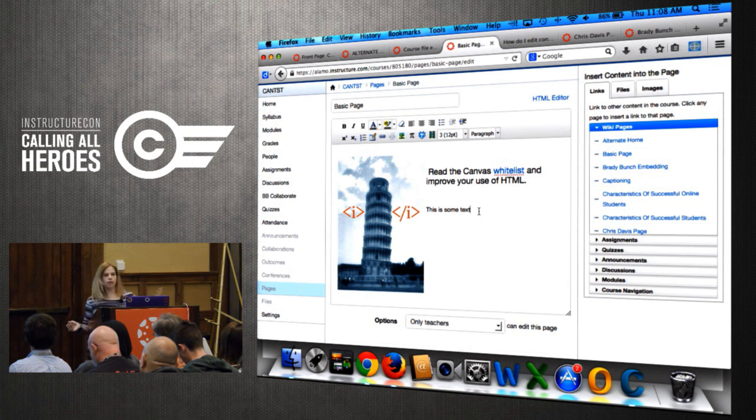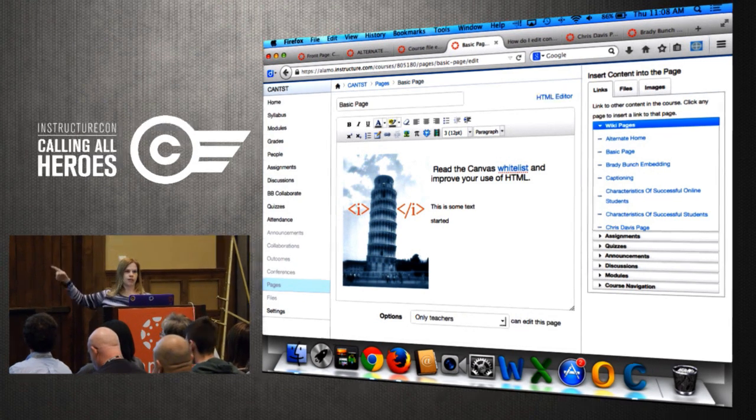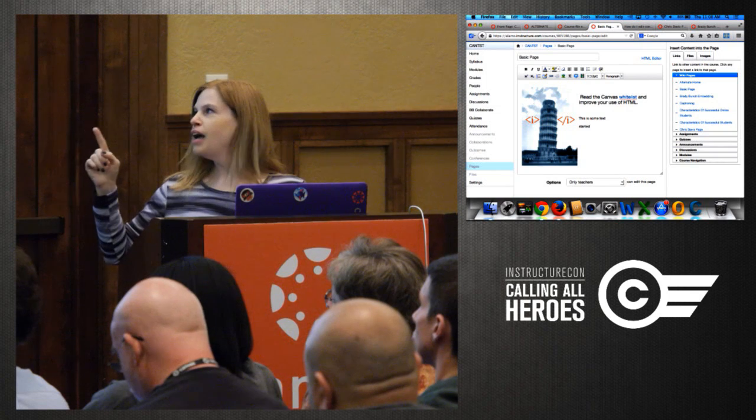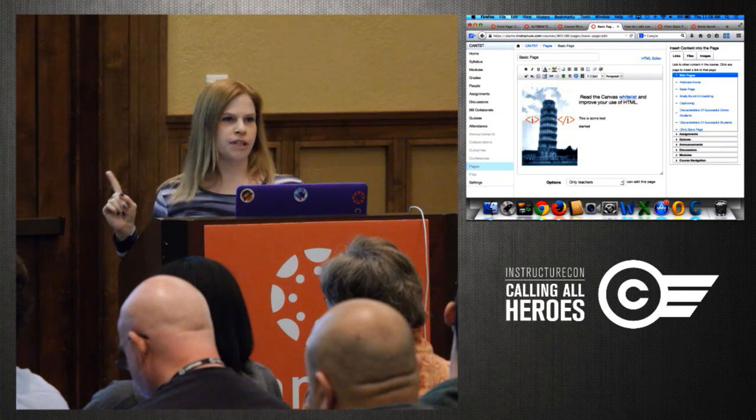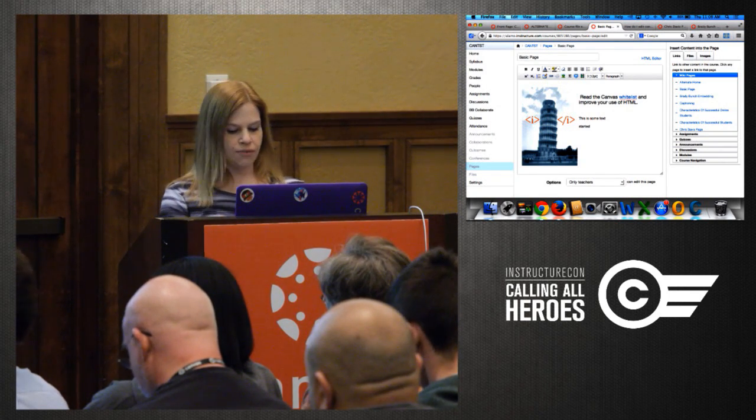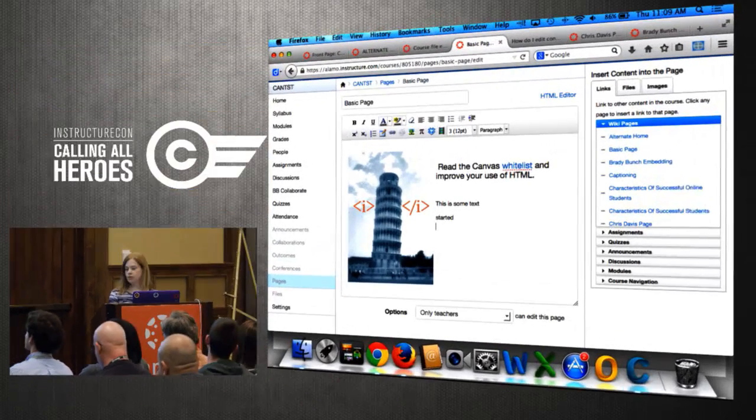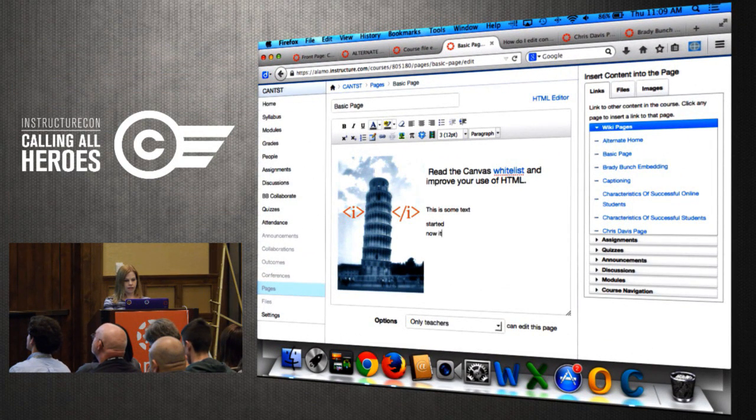One other thing in this page, I'll use this page to demonstrate, and this is one that a lot of people know, but if you don't know it, you'll just be, okay. For the longest time, if I was in Canvas and I was typing some text and then I hit return and started something new, I was frustrated that it was starting a new paragraph every time. And it was actually an Instructure employee that taught me that if I just hit Shift, Enter instead, now it's a new line.